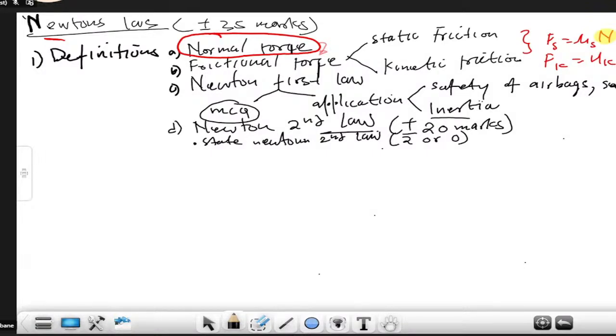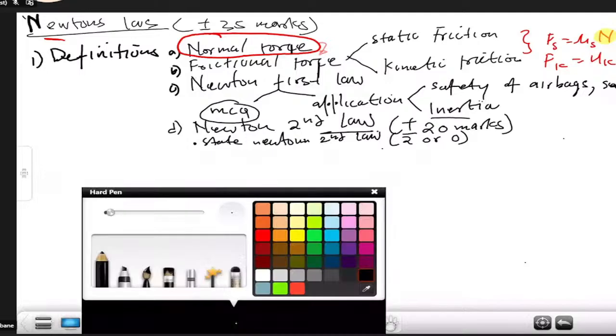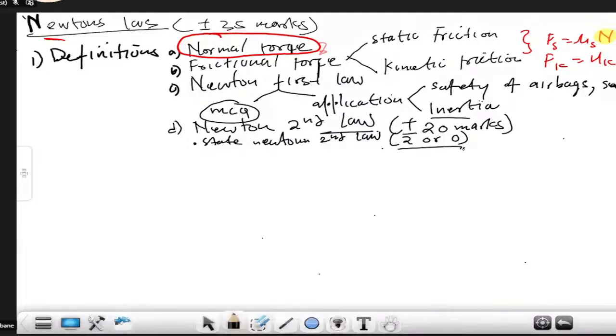Very, very, very important. Immediately thereafter, ladies and gentlemen, the expectation will be: draw a free body diagram. Now, here comes a challenge.